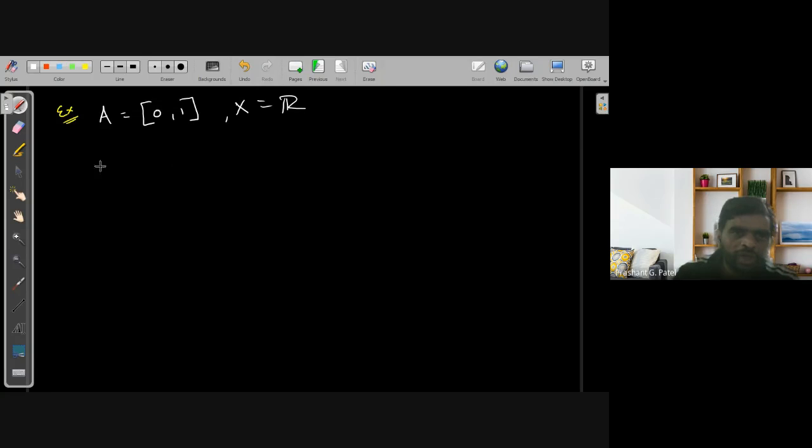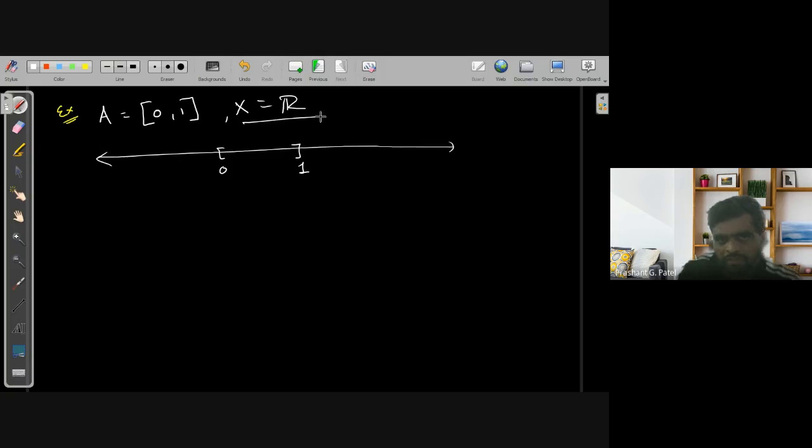The question is to calculate the limit points of this set. So let us draw a line. The limit points may be outside, or also inside the set. We don't know. So you have to think for each and every point on the real line, because your original space is R.